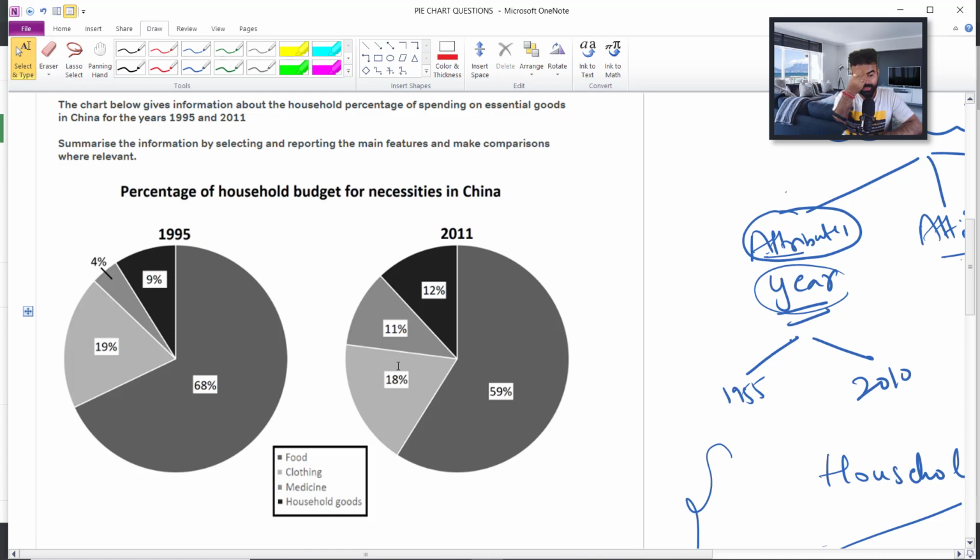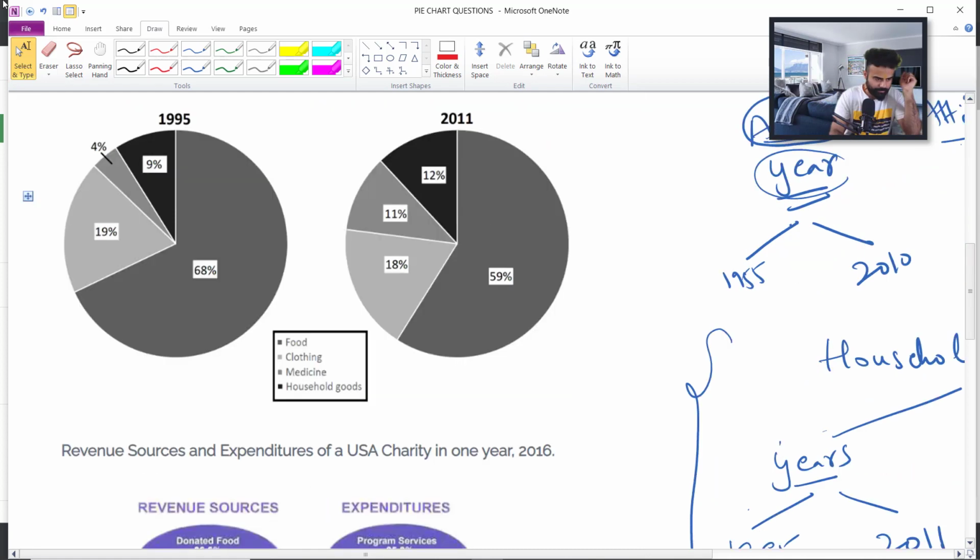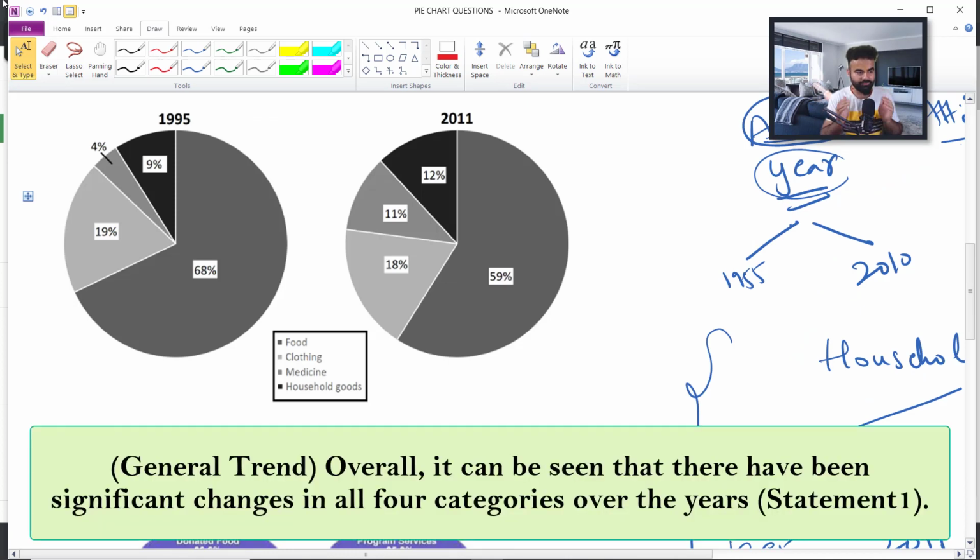So in this case, I can see there have been significant changes in the percentages for all the elements from year 1995 to 2011. You can see some changes in all the elements, right? So you can just write there were significant changes in all 4 categories over the years, something like that.